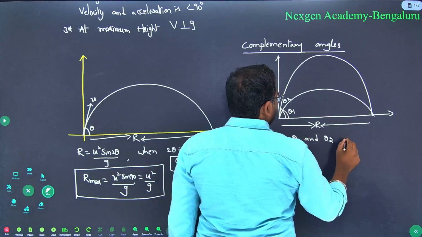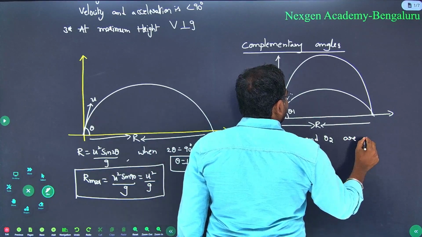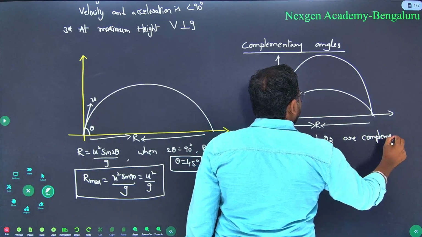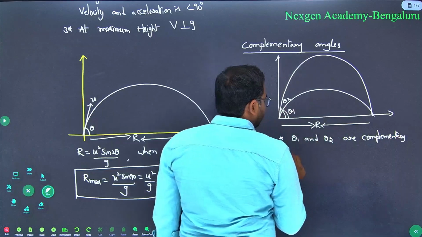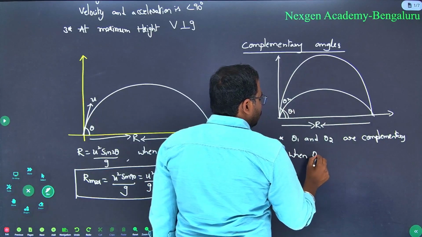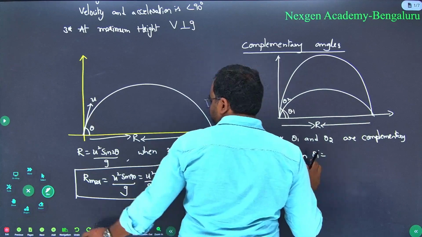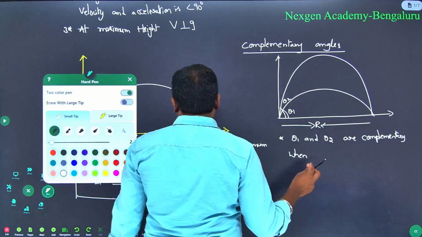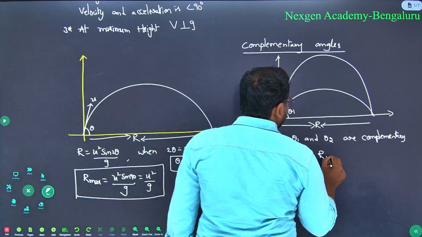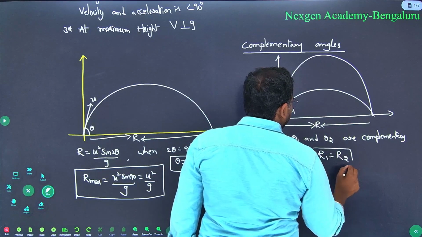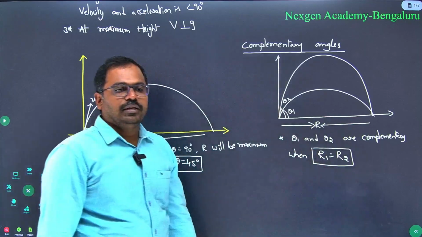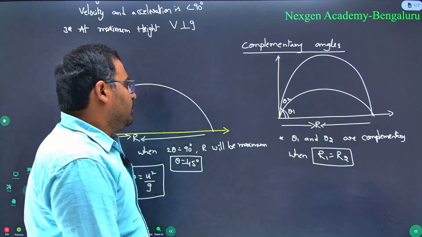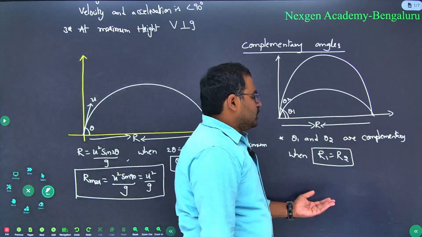Theta 1 and theta 2 are complementary when R1 is equal to R2. If the horizontal ranges are the same, then we can say the two angles are complementary.